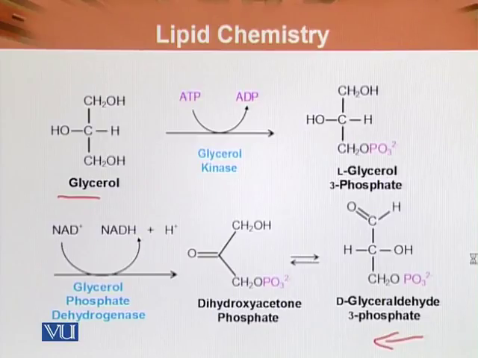This glycerol is converted into glycerol 3 phosphate by the glycerol kinase enzyme, and this glycerol 3 phosphate is converted ultimately into dihydroxyacetone phosphate and D-glyceraldehyde 3 phosphate, which are interconvertible, and these ultimately go into the gluconeogenic pathway and form glucose.